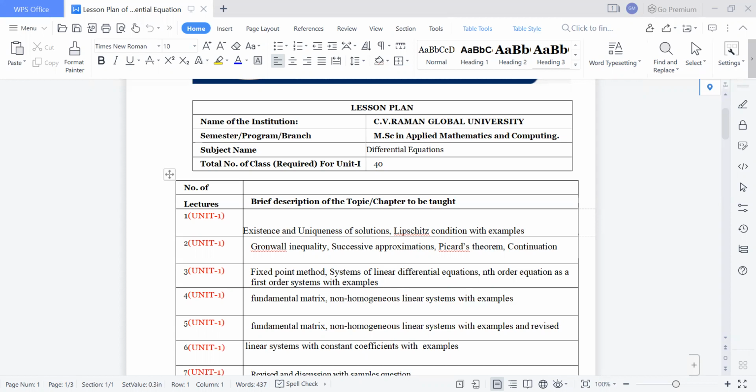Again, next iteration y3, where the y2 value is replaced for y1: y0 plus integration of f of x comma y2 dx. तो ये फंक्शन को जब कंटिन्यू करेंगे.